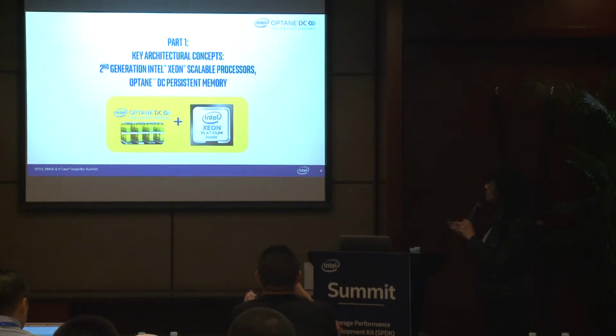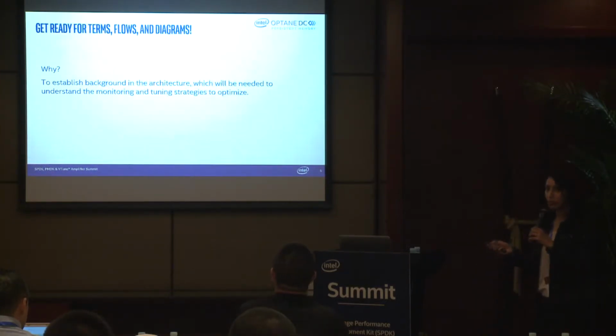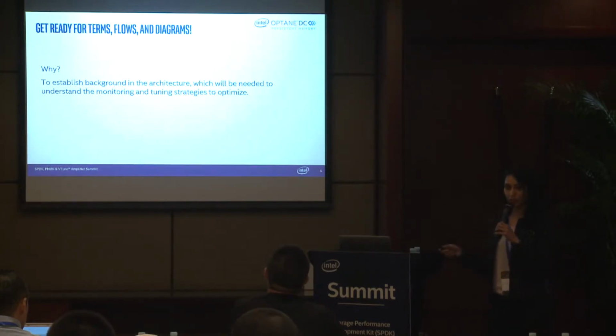So this is part 1. For the next set of slides, I'm going to be going over a bunch of architectural terms and some flows, and these are going to be your read and write flows, which are typically seen in an application. You have lots of reads and writes going on in an application, so you want to know what actually happens in the hardware, and all of the relevant architectural diagrams that will help you understand how to optimize your application.